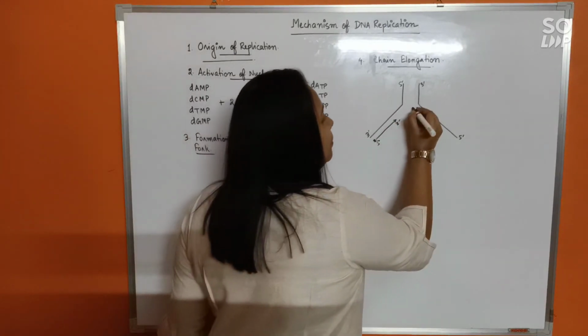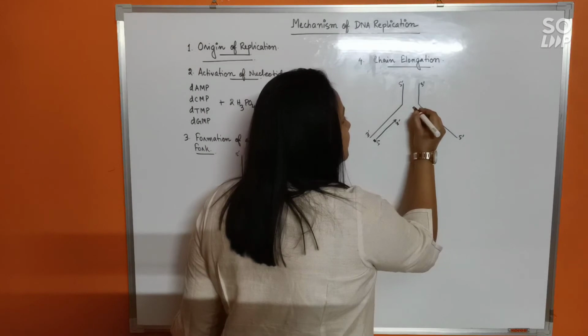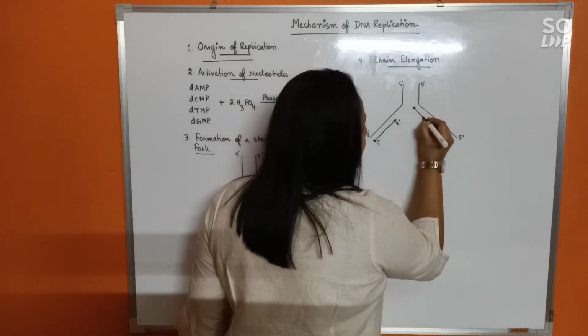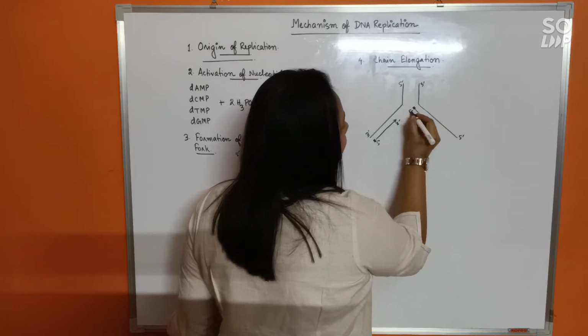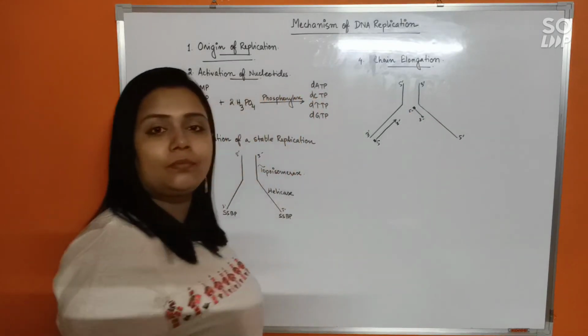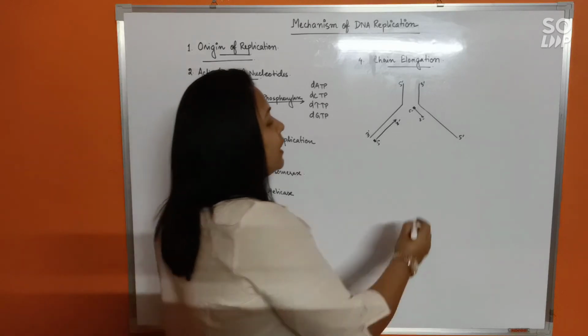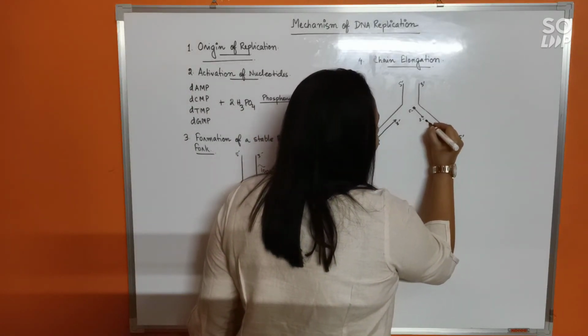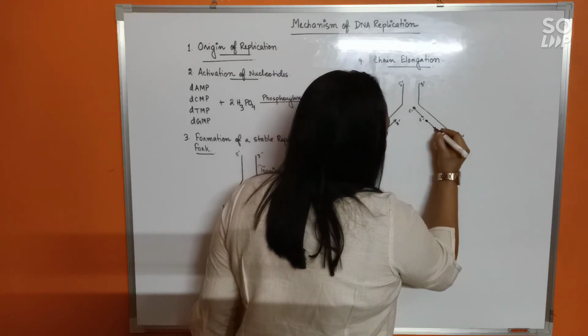That is, a primer will be added here. And then DNA polymerase will now be acting from 5' to 3' direction. So a primer will be added continuously and the chain synthesis will occur as such.